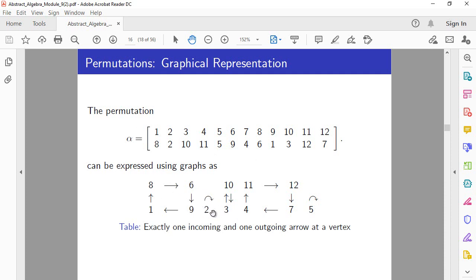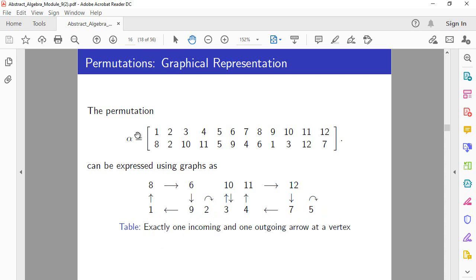So recall that if the cycle is missing any one of the elements, it means that element is fixed. So 3 and 10 here, 3 goes to 10, 10 goes to 3. So this is a cycle of length 2. This is a cycle of length 4, and this is a cycle of length 1. Now again, a cycle of length 1 is just the identity, so we don't have to write that.